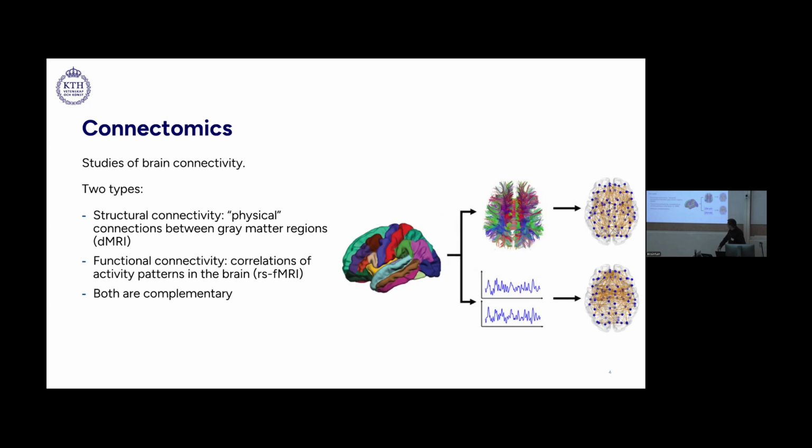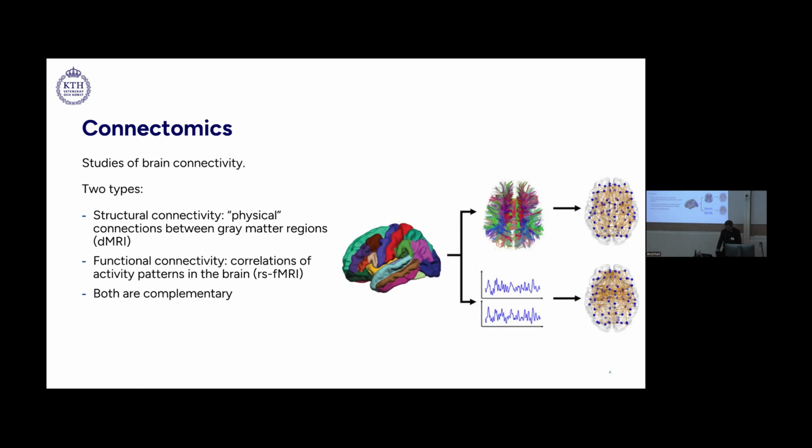So the main difference is that of course you need a parcellation of the brain, and then you need to have this connectivity using diffusion, and then you create your connectivity graph, and then you can do the same with fMRI.